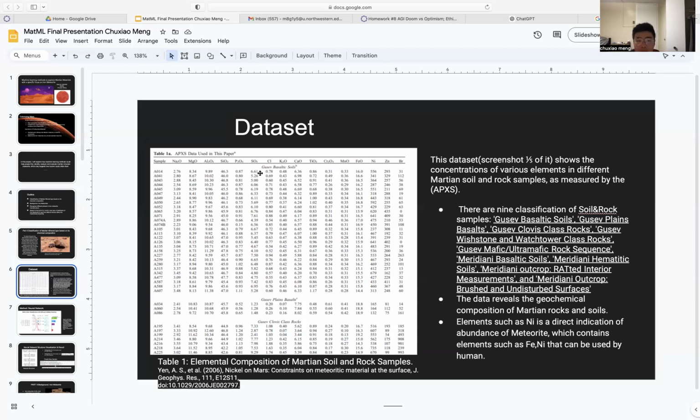For example, this block of data belongs to a category called basaltic soils, and these three rows belong to a category called plagioclase basalt. There are 9 categories in total, and the picture shown here is one fifth of them.